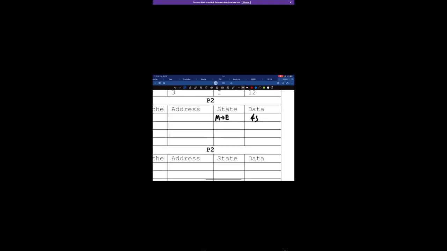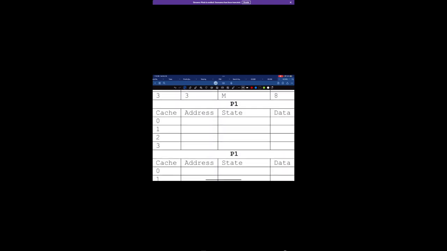And then here, again, we don't have 8. Here had 8, but we're not dealing with reading, we're dealing with writing. So we updated the value in main memory, and then now we're also going to update it here.